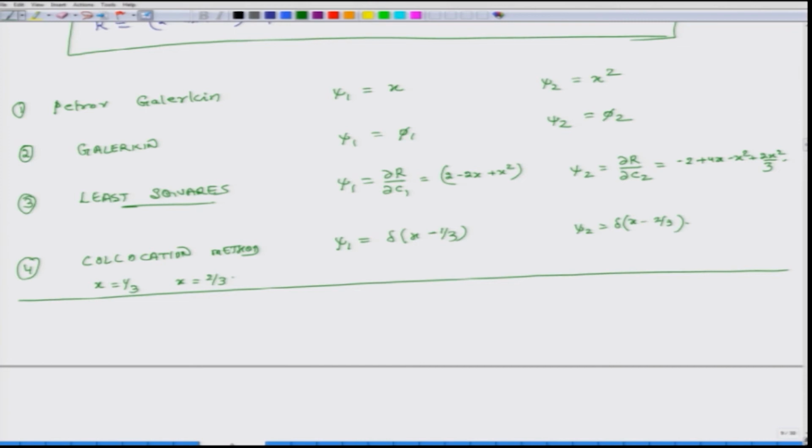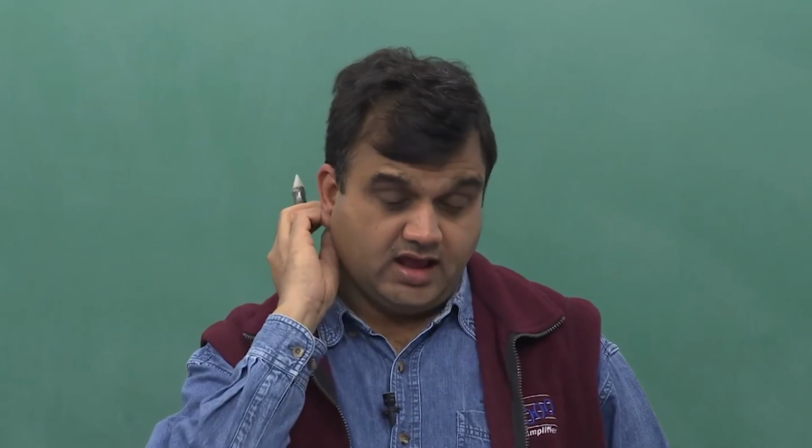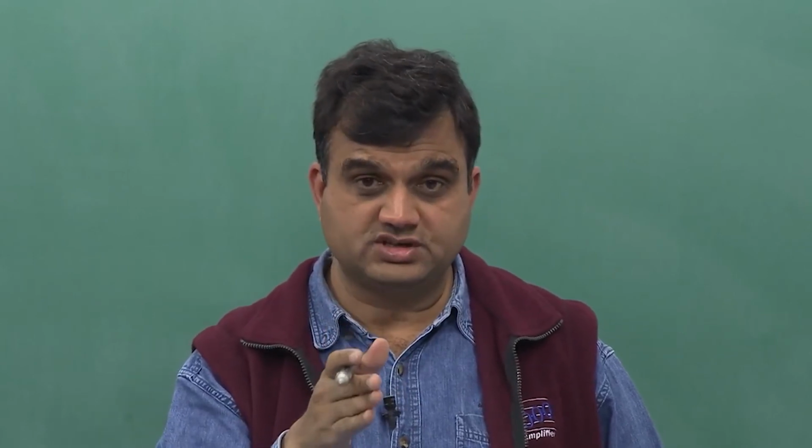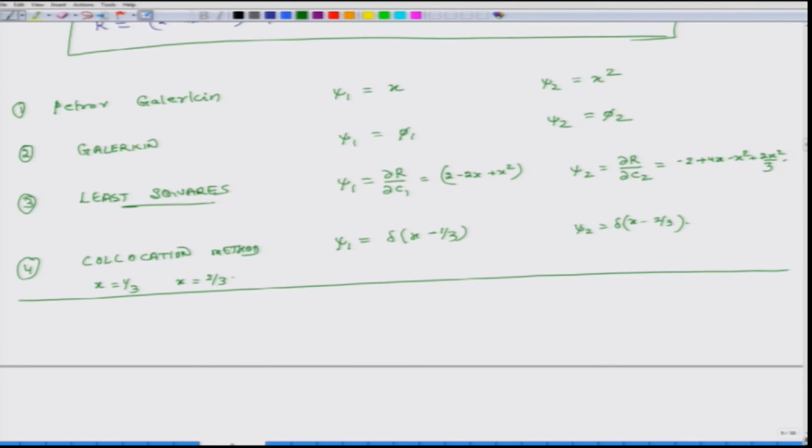Now, for each of these weighted residual methods, I have to write 2 linearly independent equations because my goal is to find C1 and C2. What are these 2 linearly independent equations?